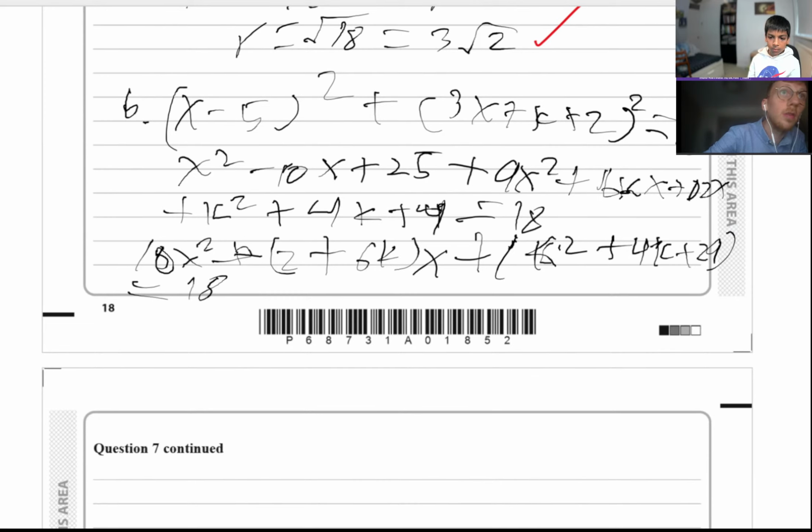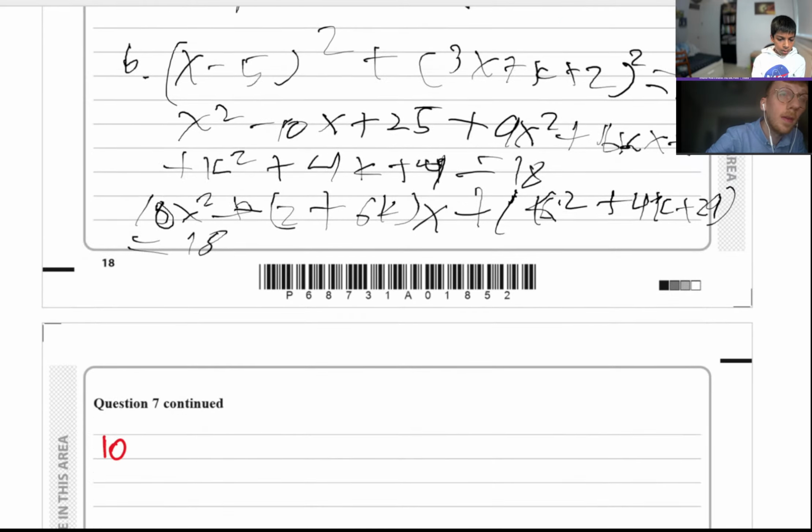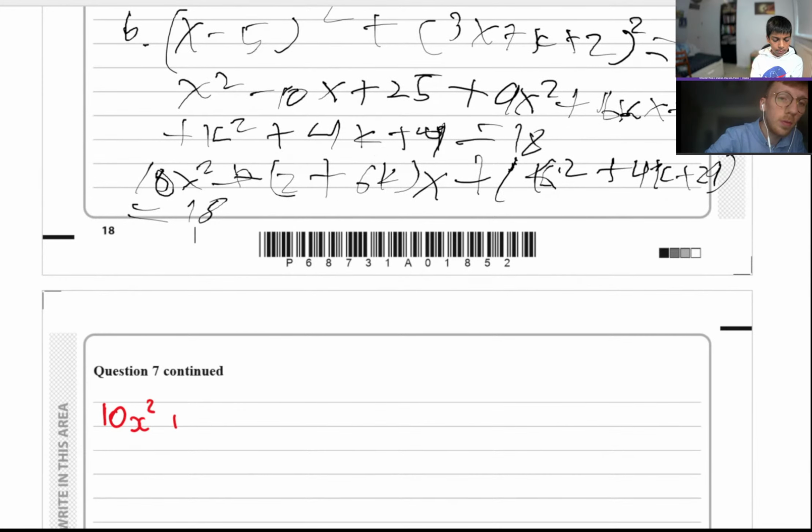Let me write the quadratic out: 10x squared plus 2 plus 6k times x, plus k squared plus 4k, and then 29 take away 18 is plus 11, equals 0.